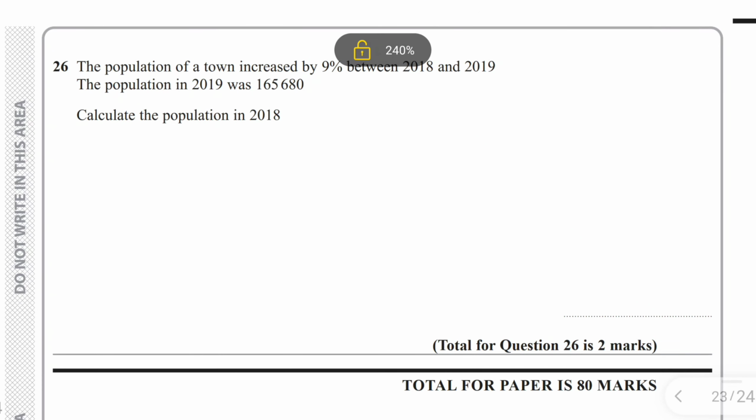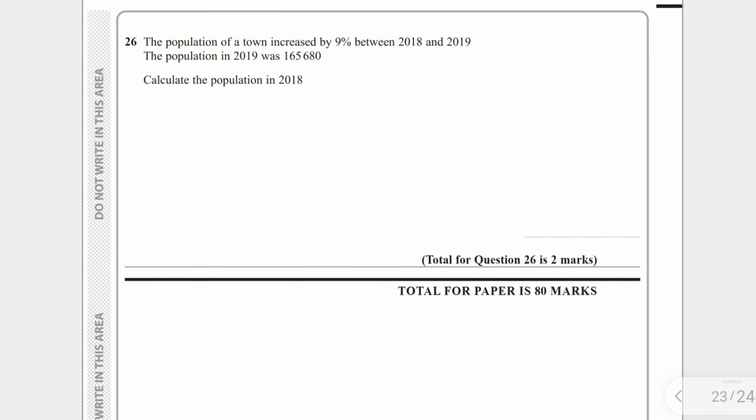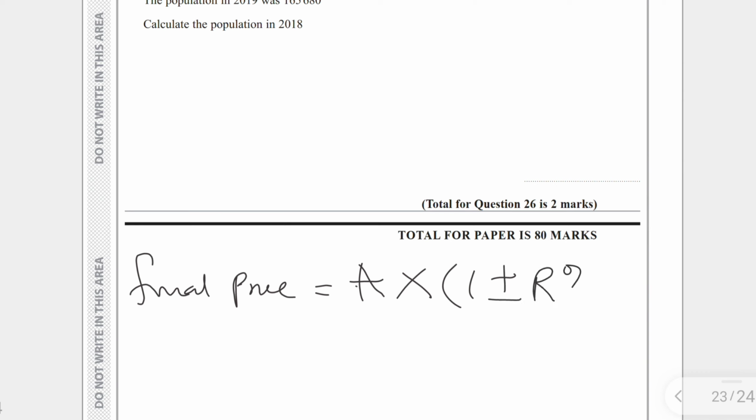The population of a town increased by 9% between 2018 and 2019. So the population in 2019 was 165,680, yeah? So calculate the population in 2018. Now there's something I need to point out here. It is called finding the final price and the original price. So the final price is always equal to the principal amount multiplied by 1 plus or minus the rate in percentage.